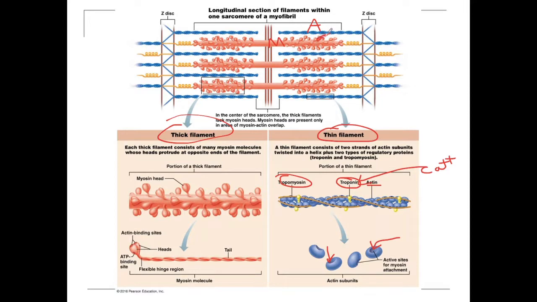And when they connect, and these connect above and they connect below, we call this a cross bridge that forms. And when they connect, they create a contraction. They move it closer together. This moves this way, and this will move this way.